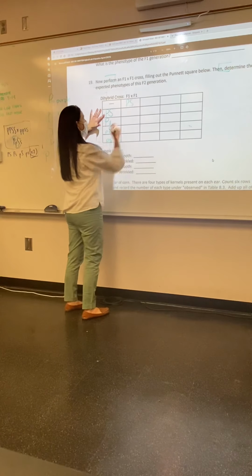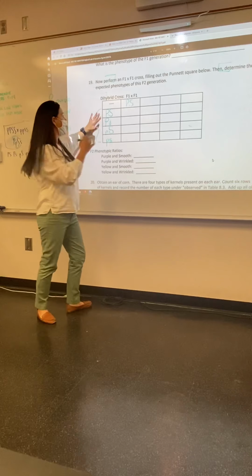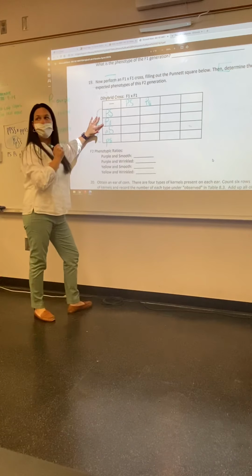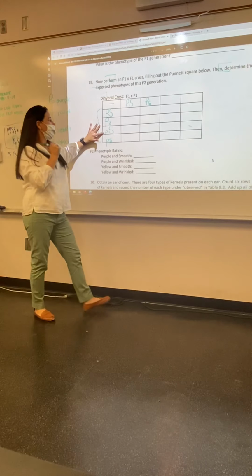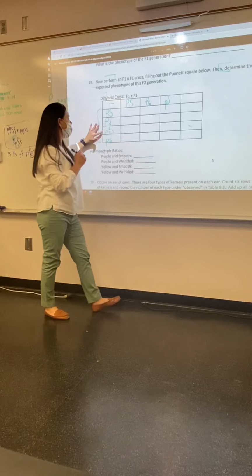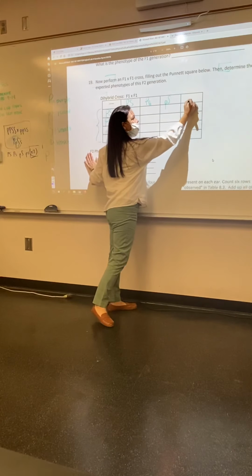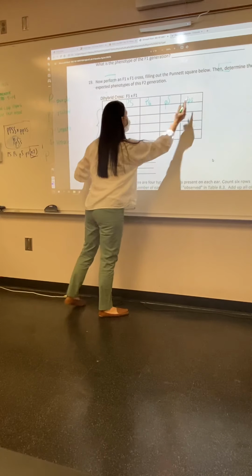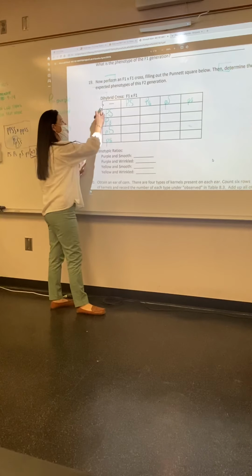Capital P, capital S. Capital P, little s. Little p, big S, and both little. So all of my columns match my rows in order.